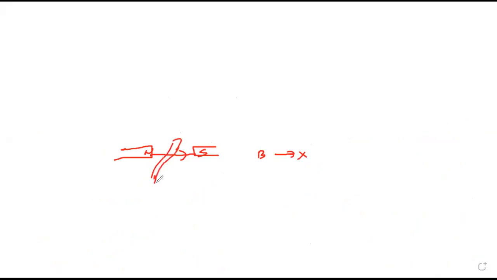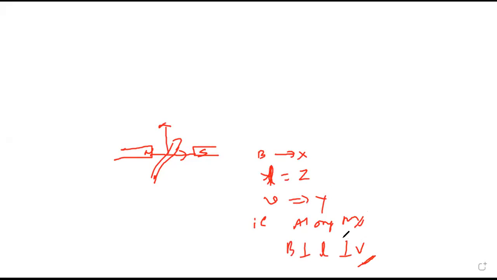The conductor is in the Z direction, so L is in the Z direction. So velocity must be in Y. That is possible with M, that is along M. Because B must be perpendicular to L, it should be along M.